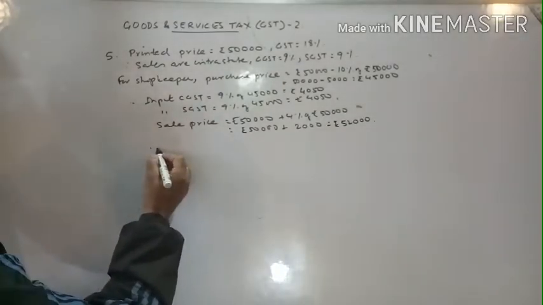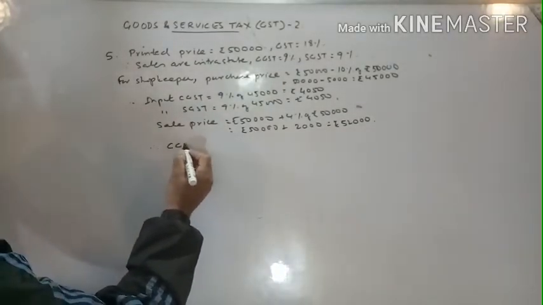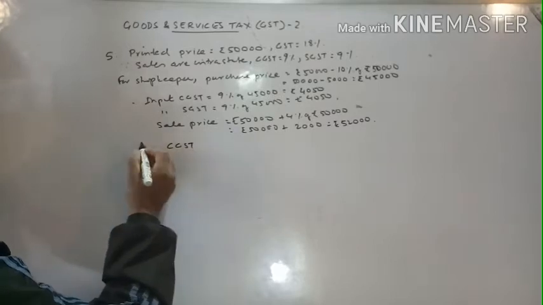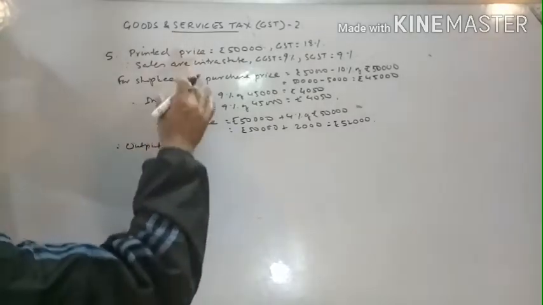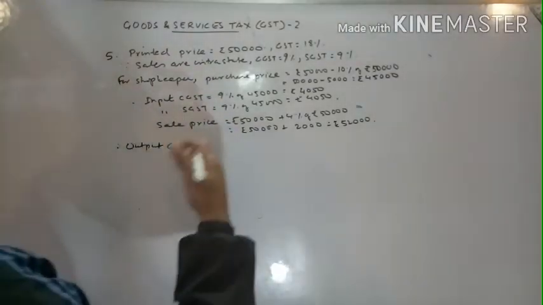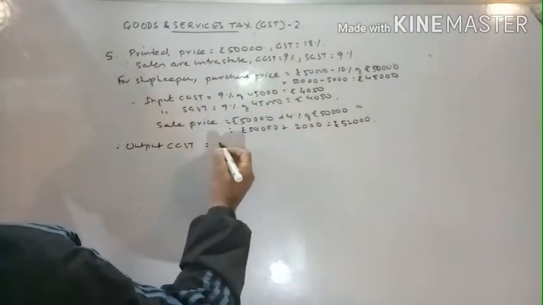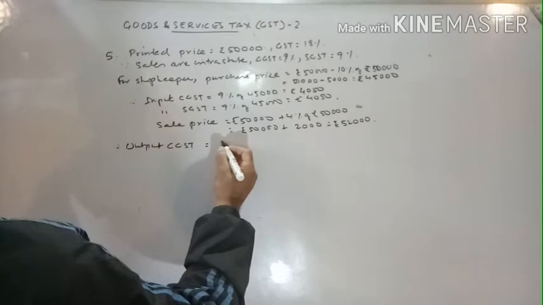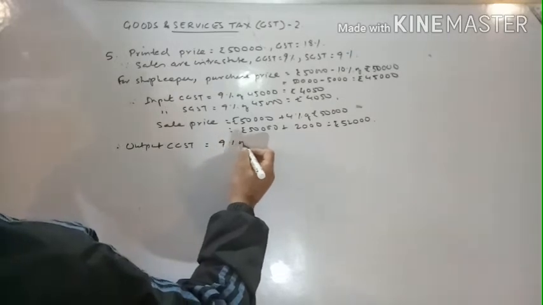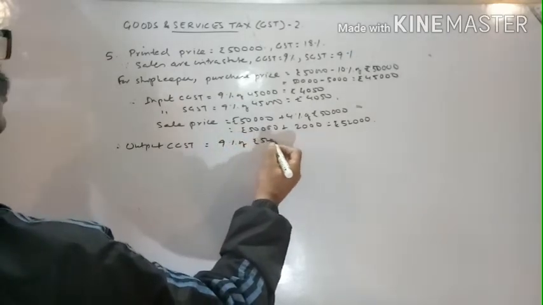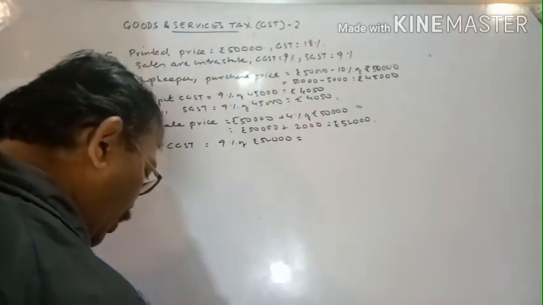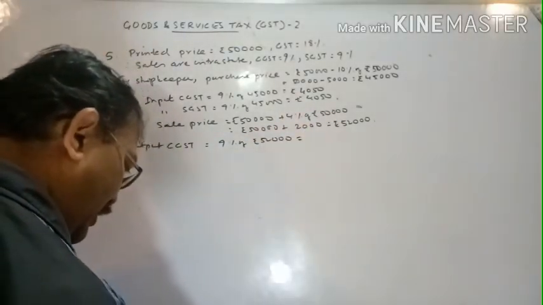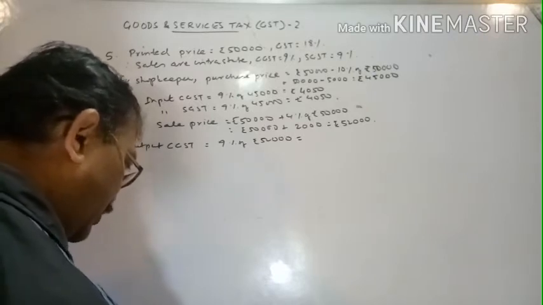Therefore CGST output, because on the purchase price it is input, and on the selling price it is output. So it is 9% of rupees 52,000, which is 0.09 into 52,000.